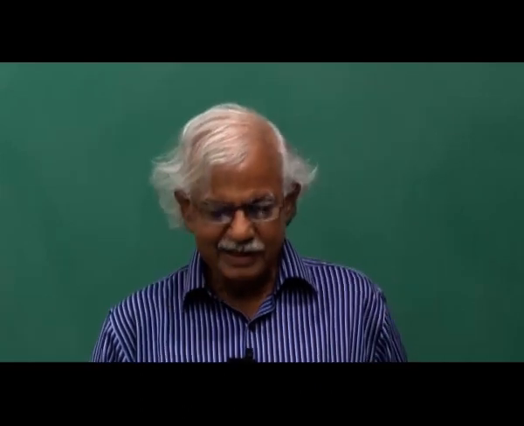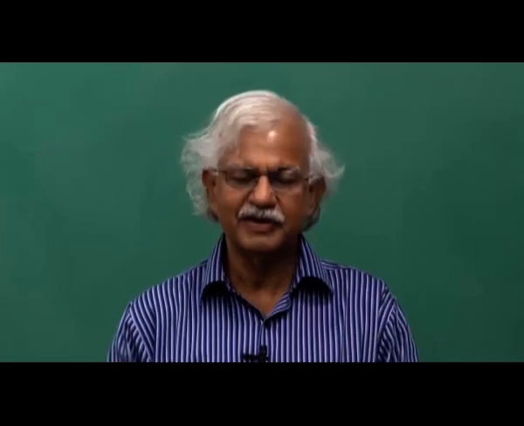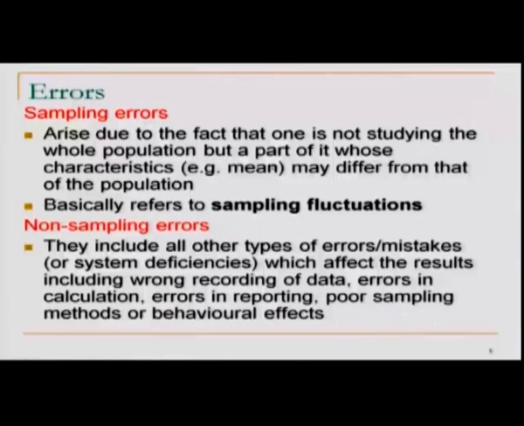Now, in sampling there are some errors. We define errors into two broad categories: sampling errors and non-sampling errors. Sampling errors arise due to the fact that one is not studying the whole population, but a part of it, whose characteristics, for example, mean, or variance, or correlation coefficient between two characteristics may differ from that of the population.